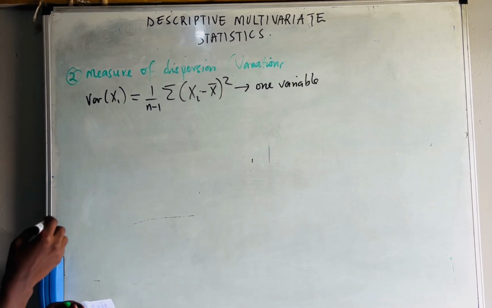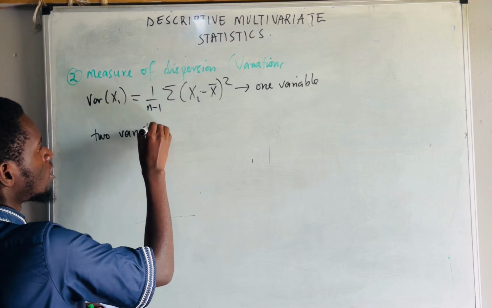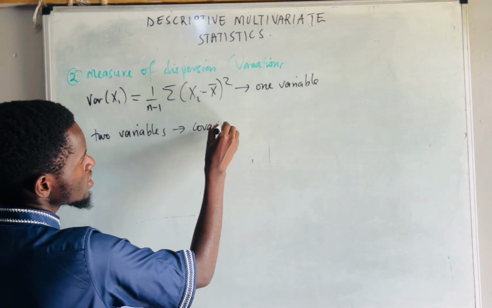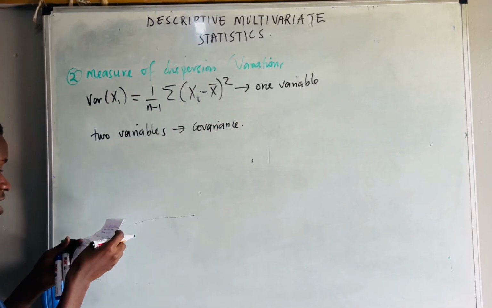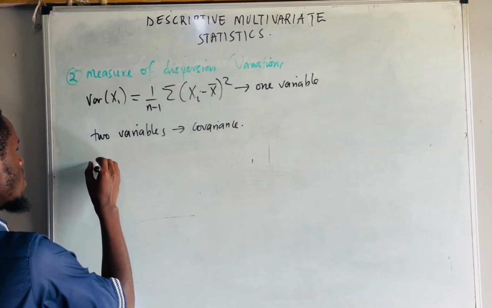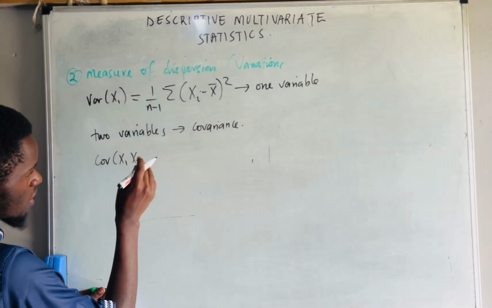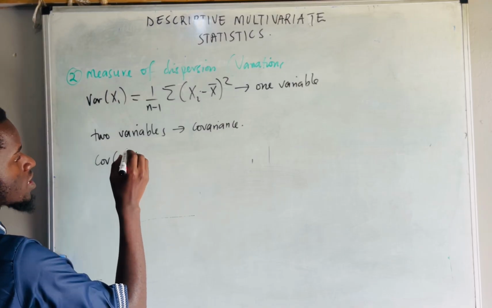Now, when we have two variables, we can find out the covariance. We are seeing how these two variables vary with each other. Let us use general terms, xj and xk.